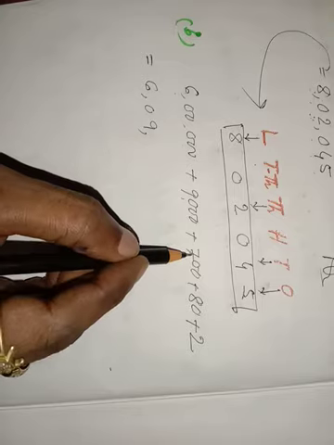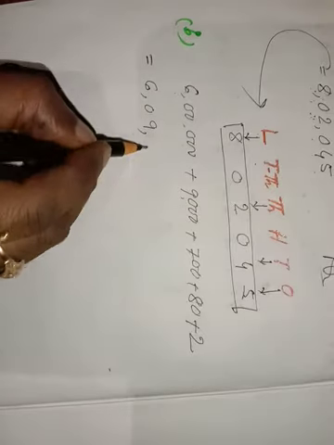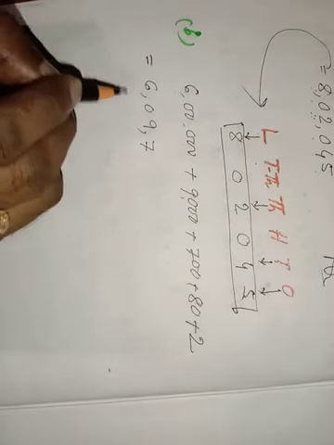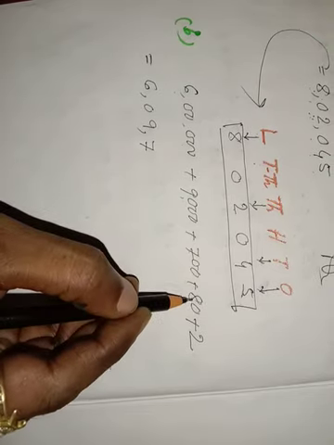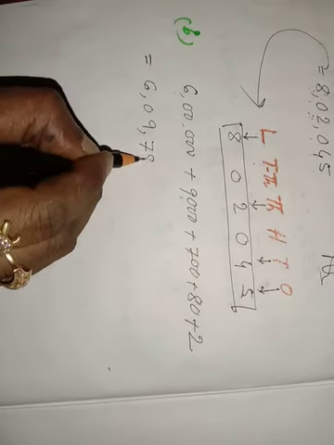Next is 700. Where I have to write 7? 100 place. 700 means 7. Here 700. Next is 82. 782.